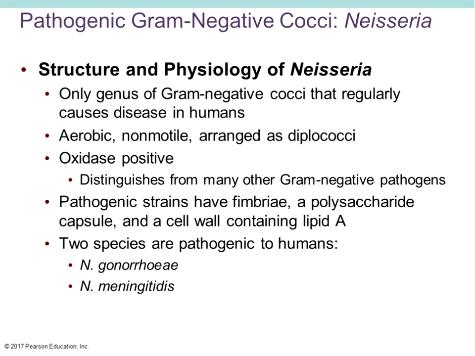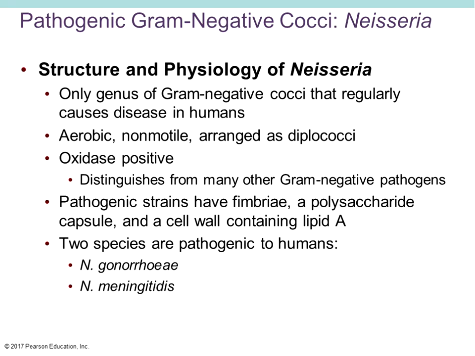It is aerobic and non-motile, which means it does not have flagella, and many times Neisseria appears as diplococci. If we did a biochemical test for it, it would test as oxidase positive, which means that the electron transport chain operates a little bit differently.